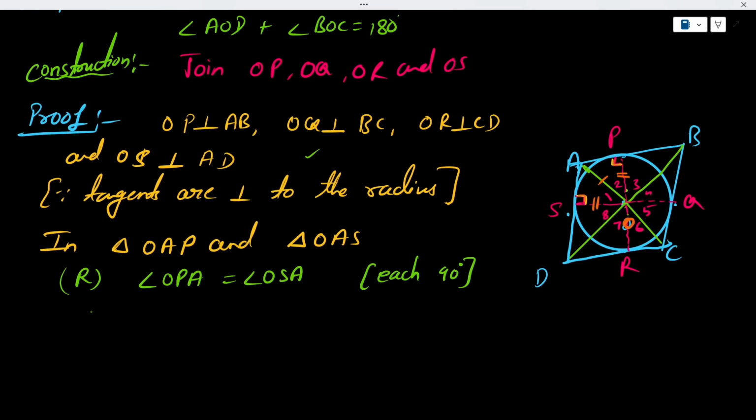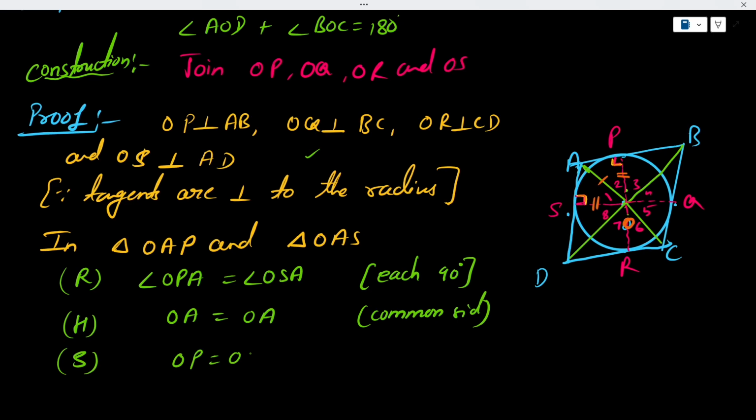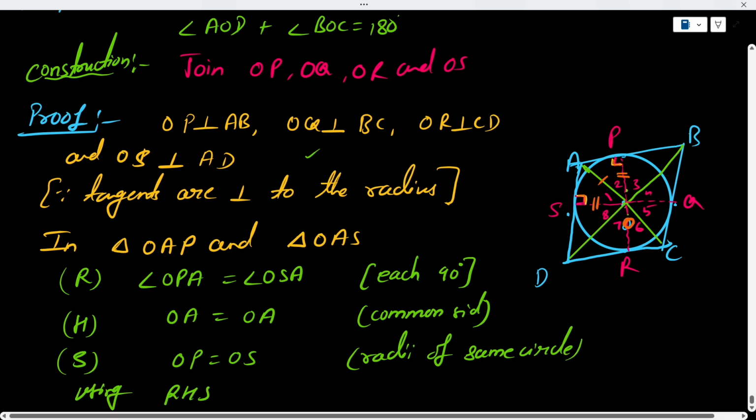After that, hypotenuse: OA is equal to OA, which is the common hypotenuse, so you can write common side. Then the sides which are equal, OP is equal to OS, because they are radii of the same circle. After that, you can write using RHS congruency.